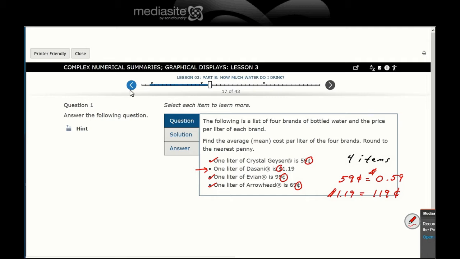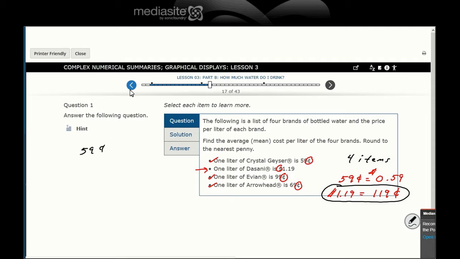I am going to do this for a simple reason. It turns a decimal into a whole number versus changing a whole number into decimals. So let's add them up.